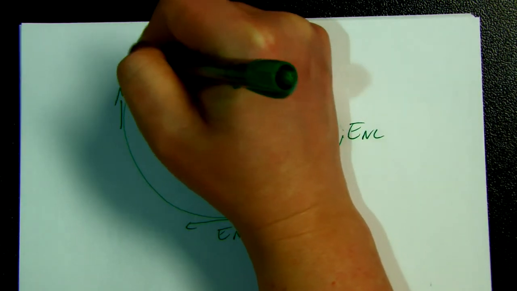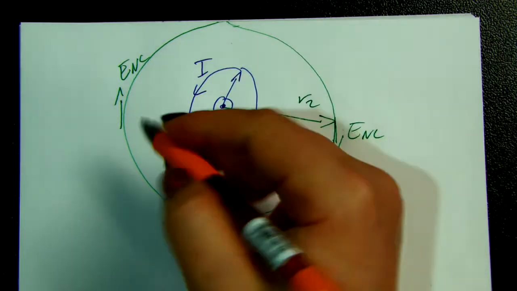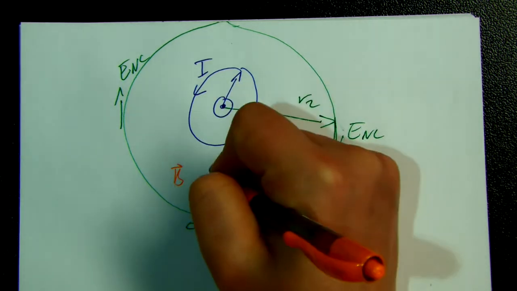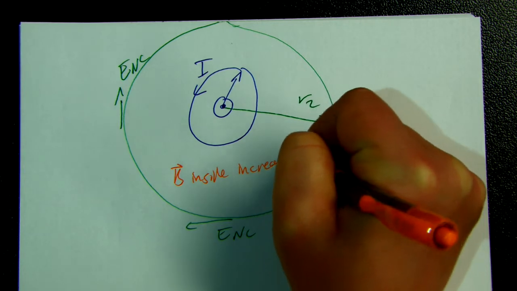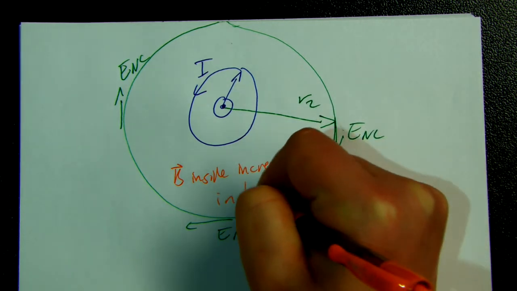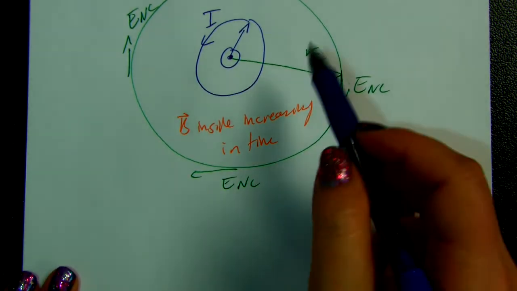So you could place a ring here and get a current that would be related to this electric field. And we'd have our B inside increasing in time.